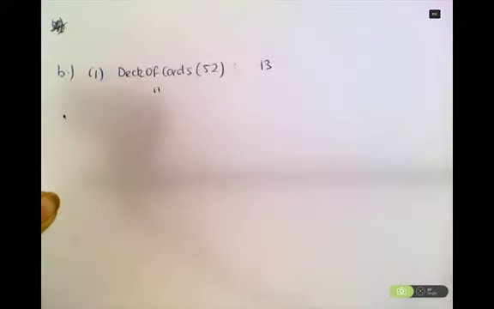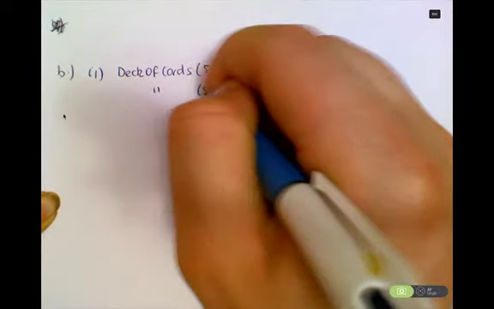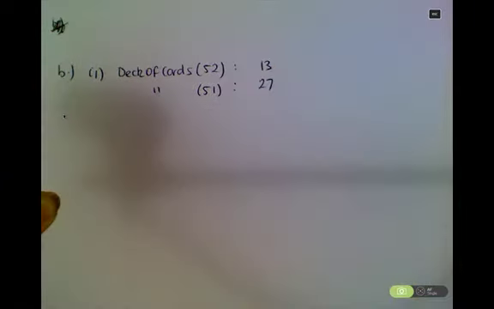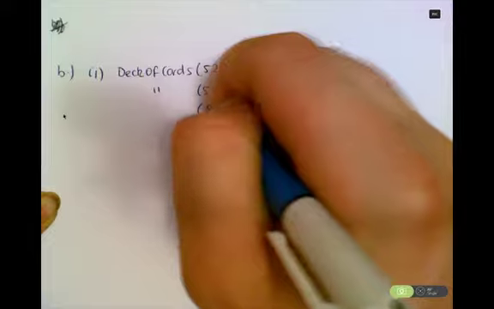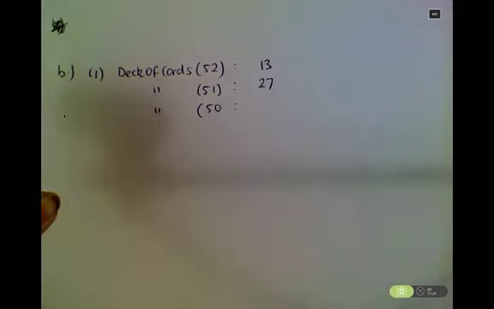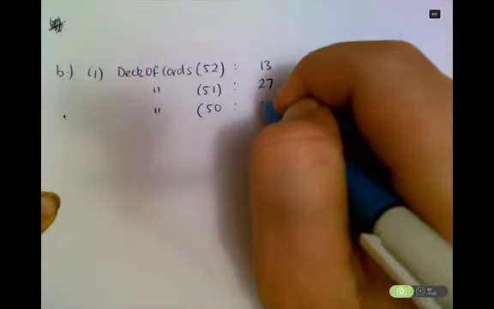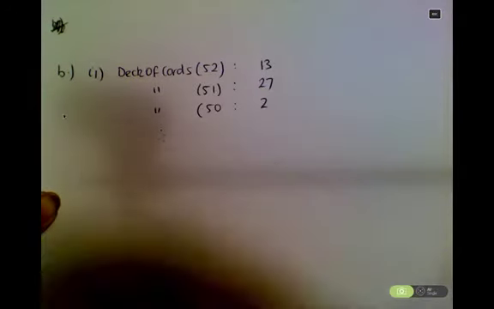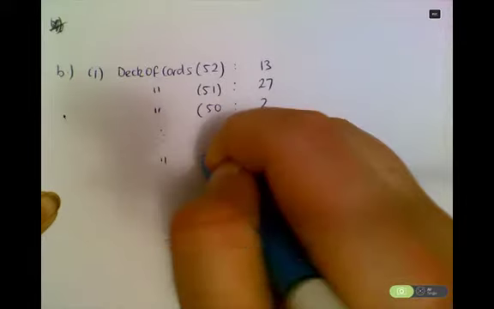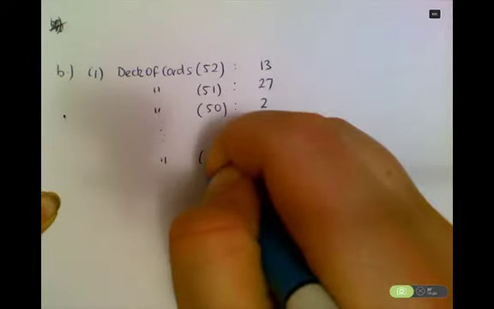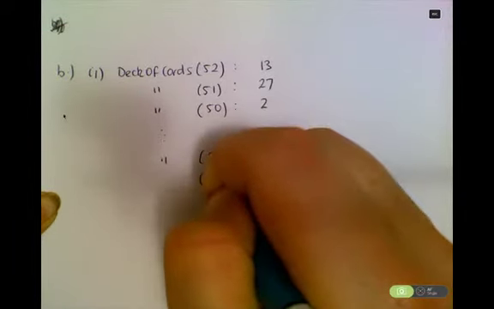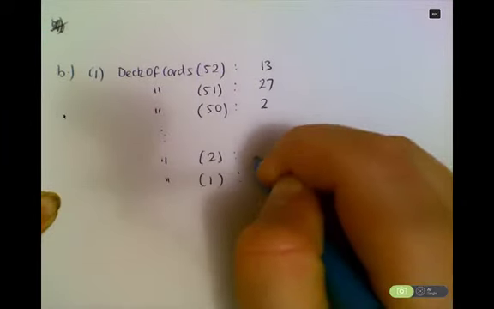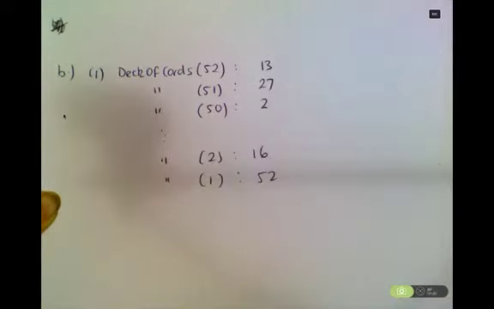Same thing, deck of cards 51 ... 27, 50 ... 2, etc. all the way to deck of cards 2 and 1 has been 52 and 16, etc.